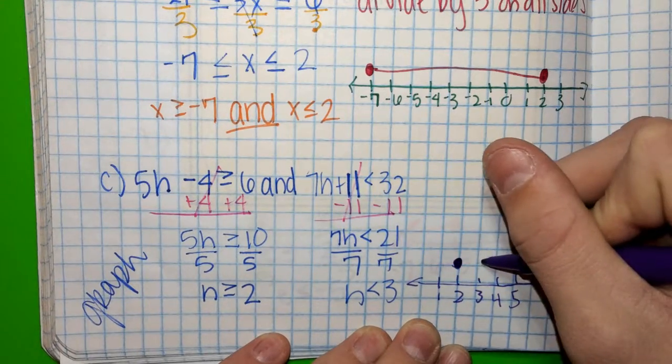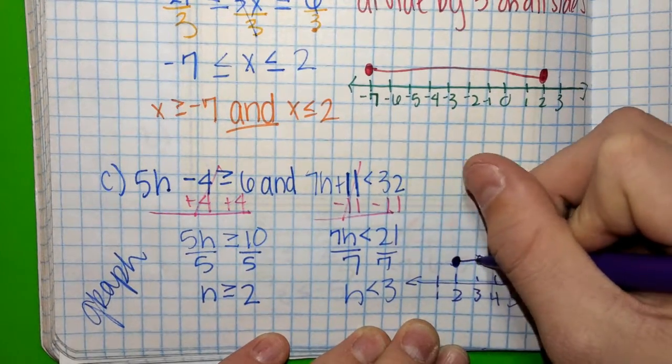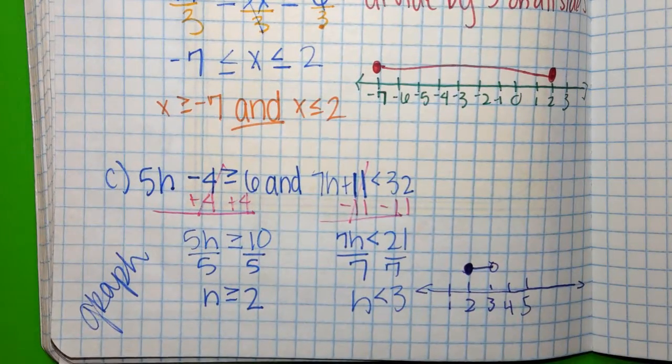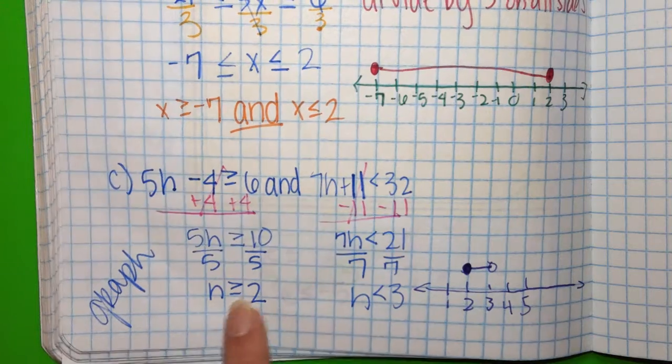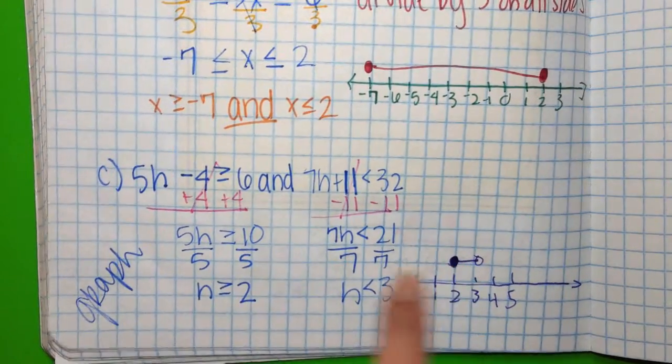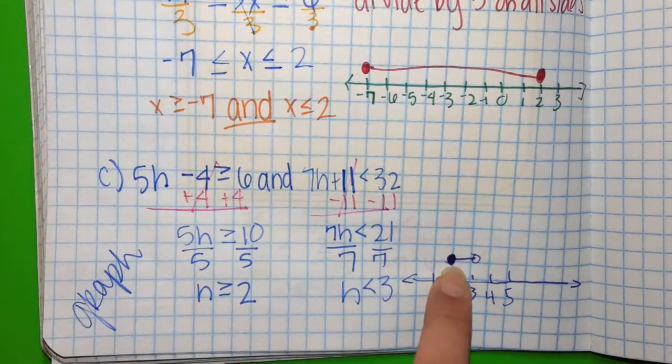Closed, because it's got a line under it. What about on 3? And is he going to connect? Yes, because it's an and. So and connects. And it also has greater than, so you connect, and it has a less than, so you connect.